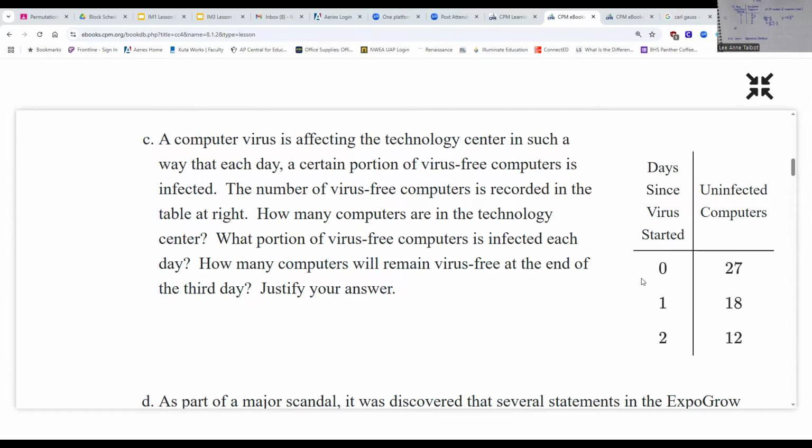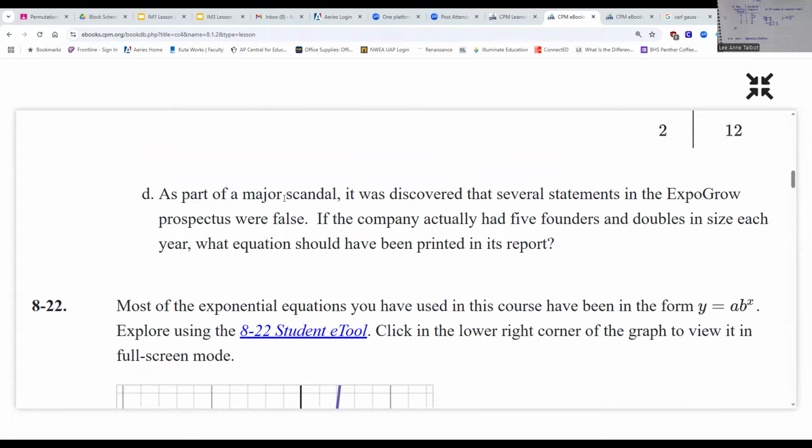Yes. Okay, as part of a major scandal, it was discovered that several statements in the Expo Grow prospectus were false. Oh no. If the company actually had 5 founders and doubles in size each year, what equation should have been printed in its report? Uh-oh. Right.